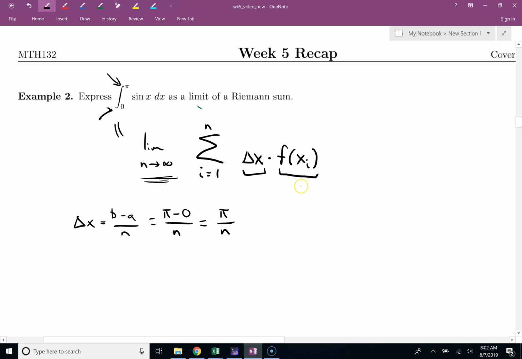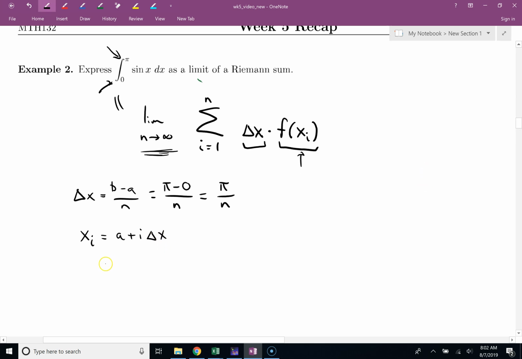Now, we need to figure out what these x sub i's are. Remember, these are supposed to be the right-hand endpoints that we're using here. So the formula is x sub i equals a plus i delta x. We just need to plug in our specific values. So a in our case is 0, plus i, and then delta x, which is this pi over n that we just calculated out here.